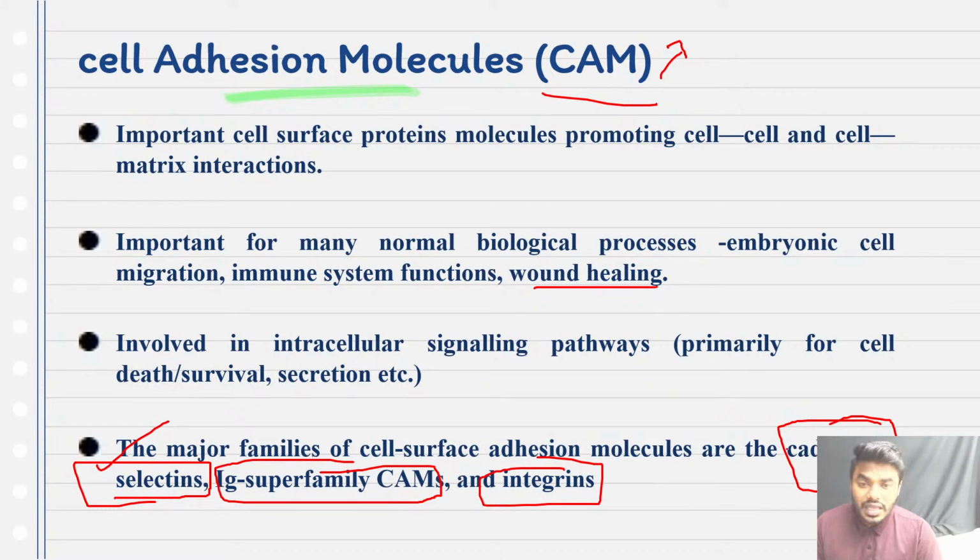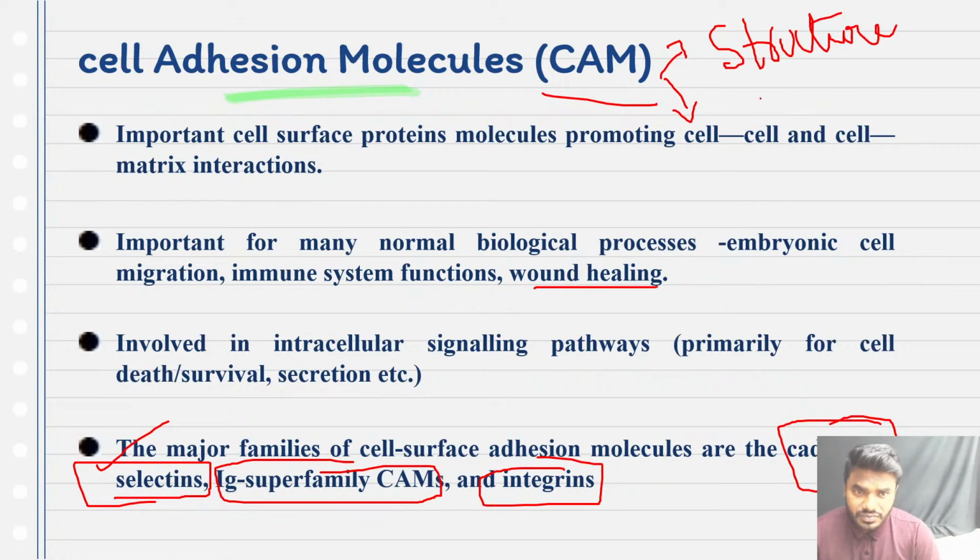These four are the four major types of CAM molecule. So what kind of questions can we expect from these four types of CAM molecules? Of course, friends, the first is that we can expect questions on the structure, and the second most important, we can expect questions on the function. These are the only two ways we can expect questions on these CAM molecules.